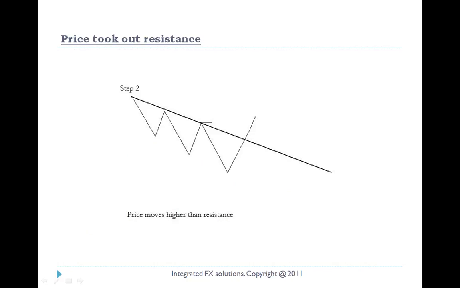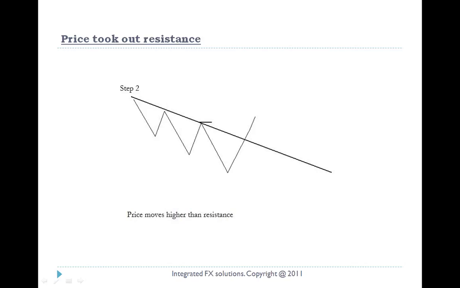Step 2, price took out resistance. At this point, price has already broken the trend line, then it went beyond the previous resistance, thereby creating a bullish impulsive wave.